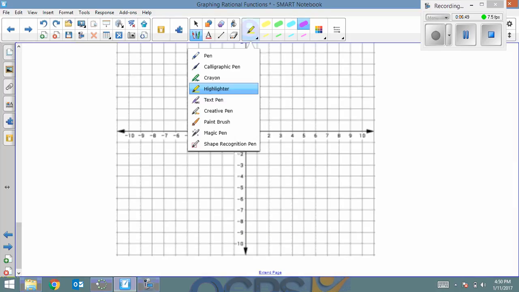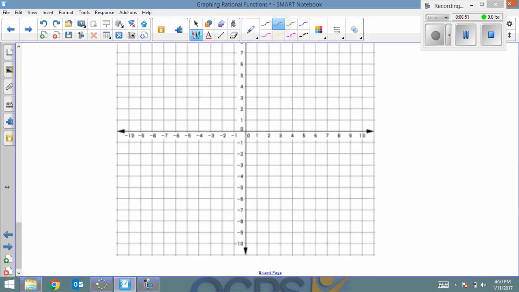All right, so we're going to graph everything. Our first thing to graph was our y-intercept, which is at the point 0, 6. So it's right there. We have our x-intercepts, which are at -3 and +2.